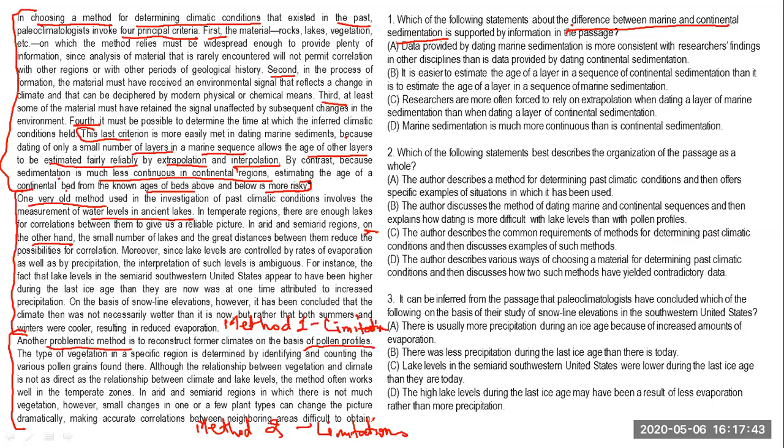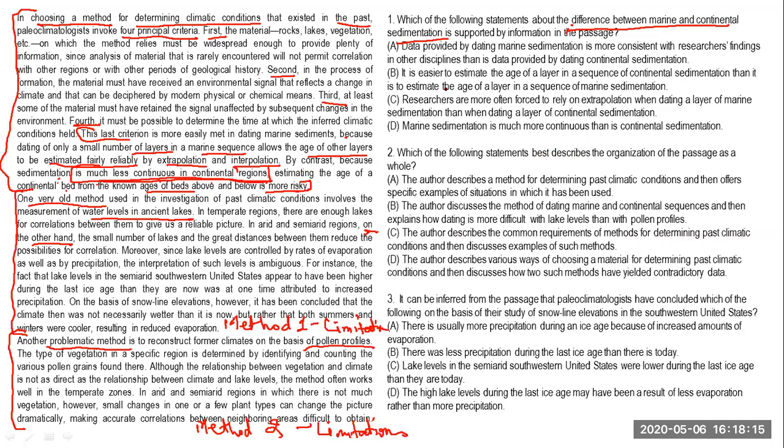So long story short, there are 2 differences between continental and marine sedimentation. Number 1, continental sedimentation is much less continuous. And number 2, by estimating the age of a few layers in marine sedimentation, the age of other layers can be determined, but that is difficult to do in continental regions.